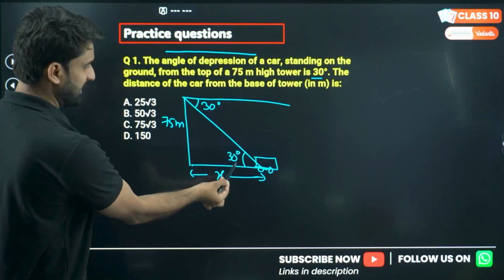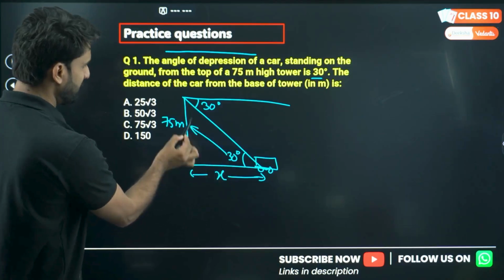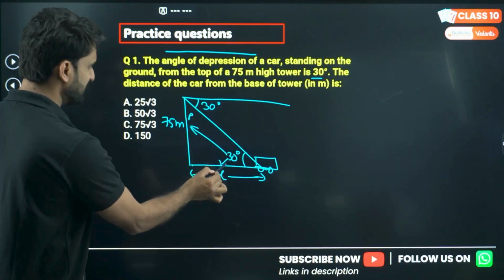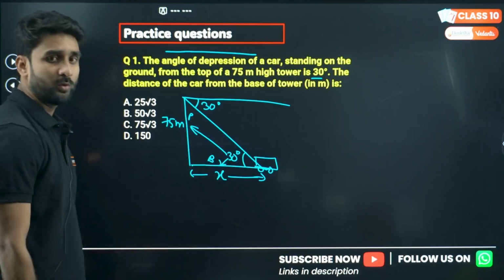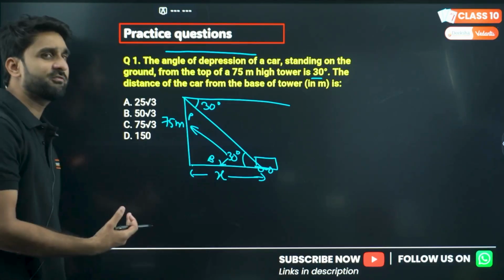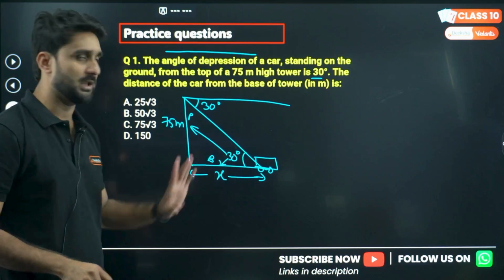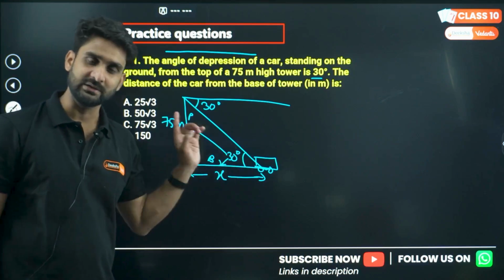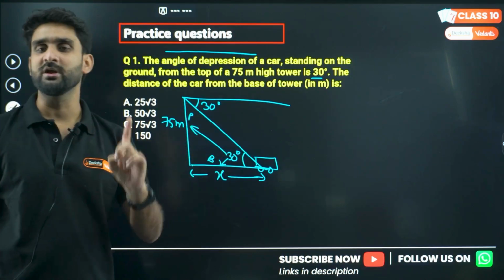For this angle, this is perpendicular, and this is base. Make sure that whatever trigonometric function we take is according to the angle of the right-angled triangle. The angle decides which trigonometric function should be taken.